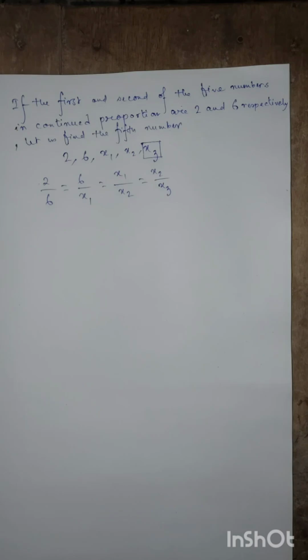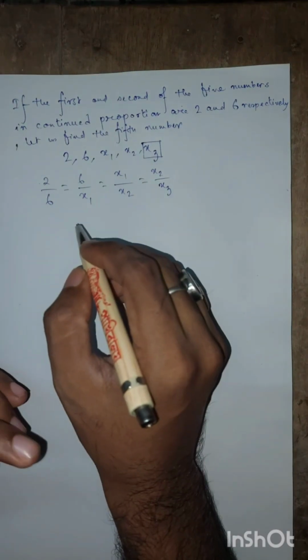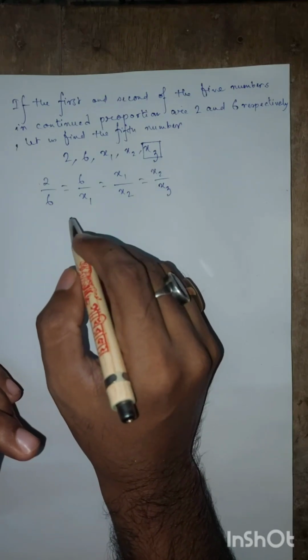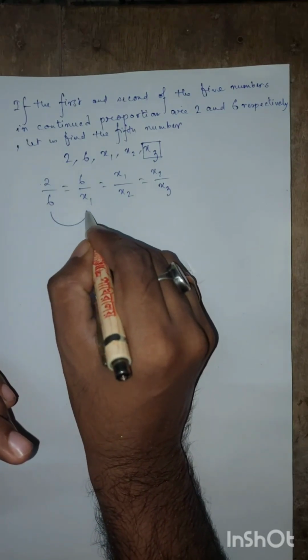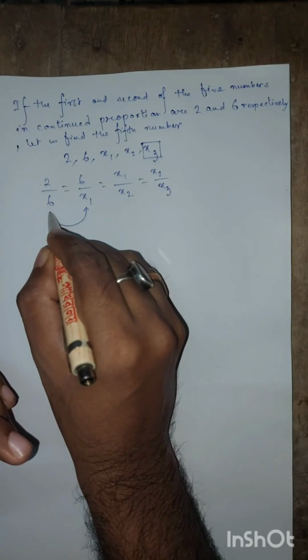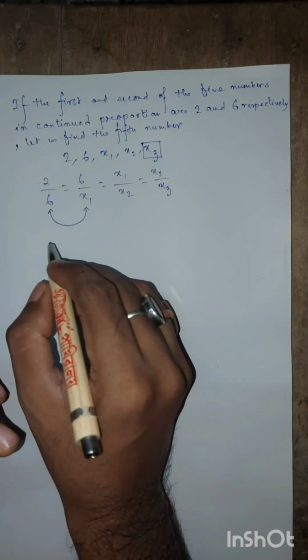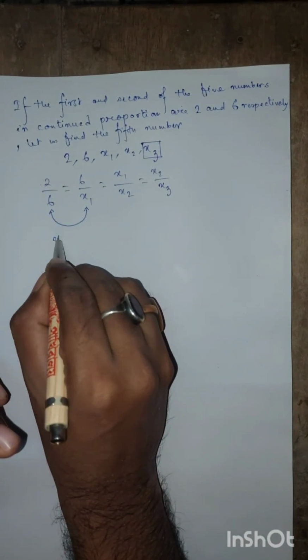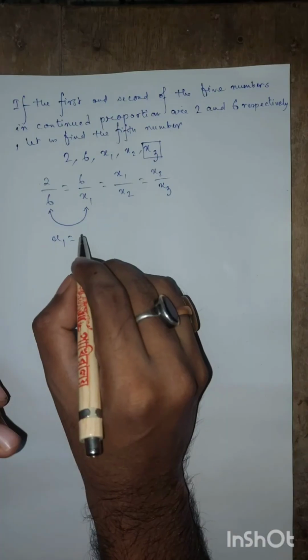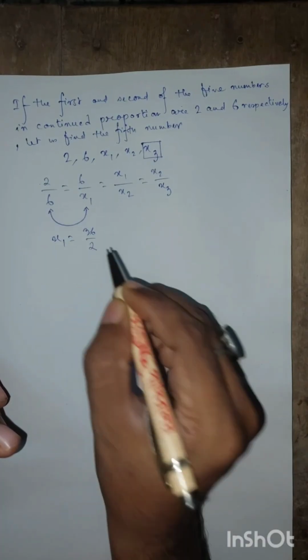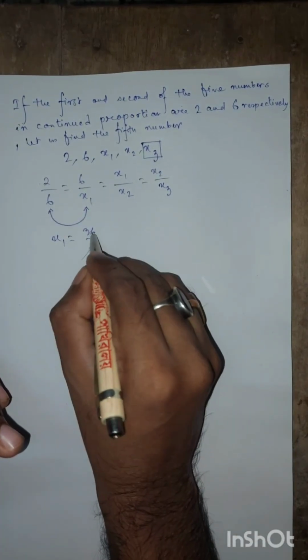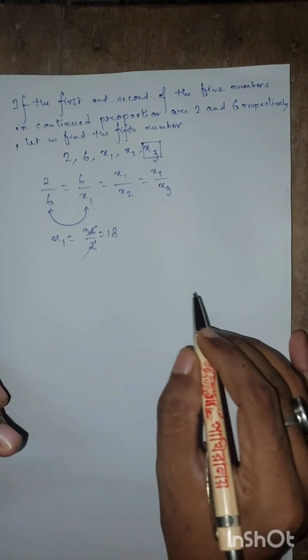So let us first relate these two quantities. So from here we can say x1 is equal to 36 by 2. That means 18.